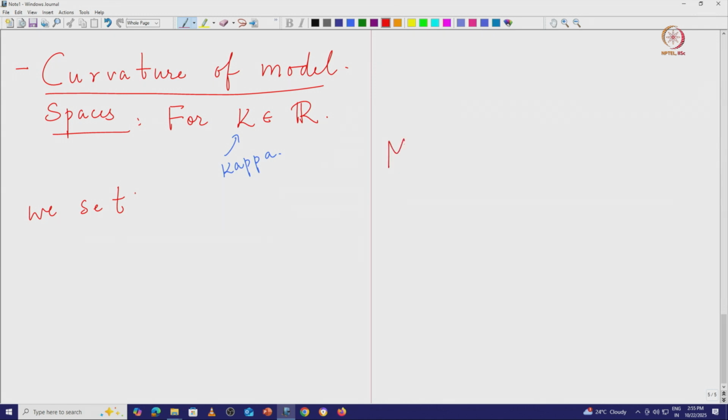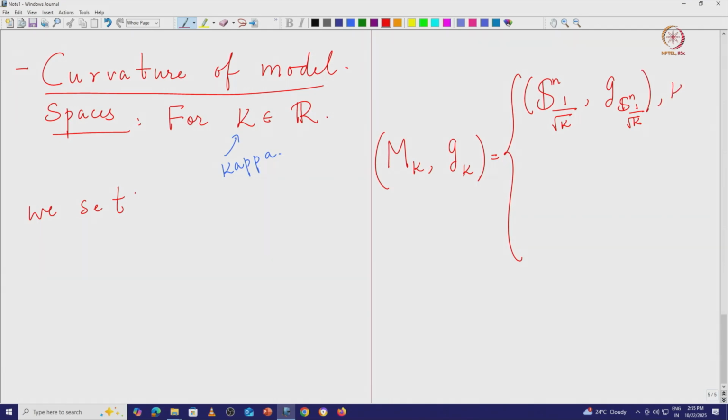So the space M kappa, g kappa is going to be the following. So this is going to be the round sphere of radius 1 by square root of kappa with the corresponding metric, whenever kappa is positive.